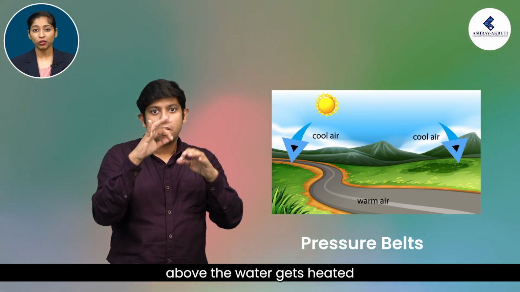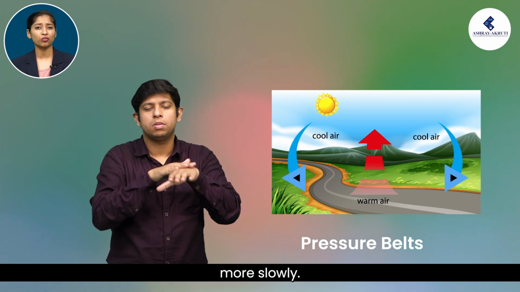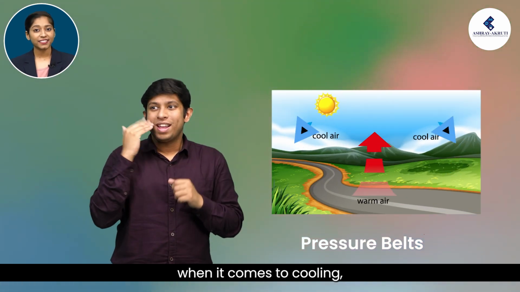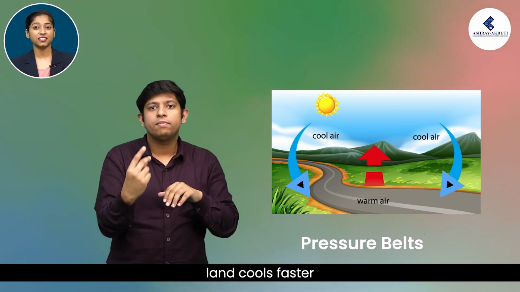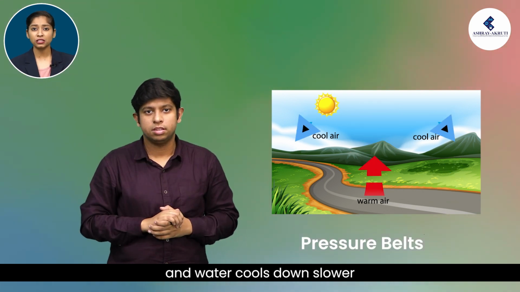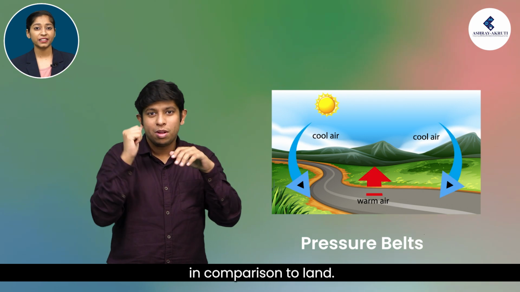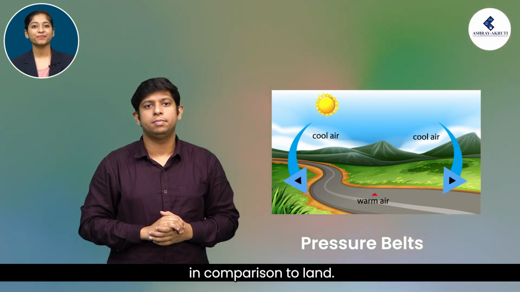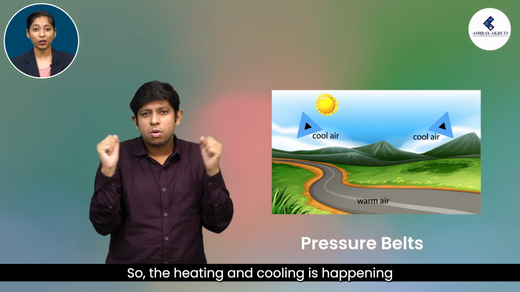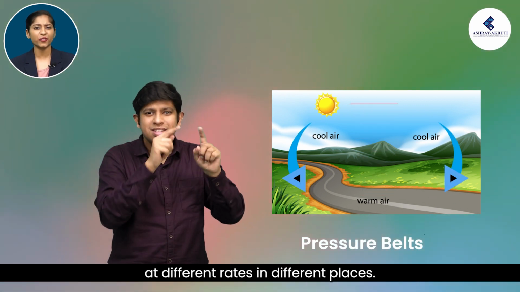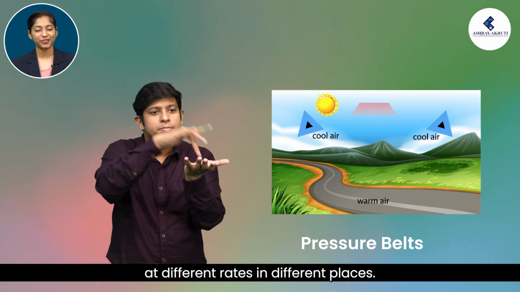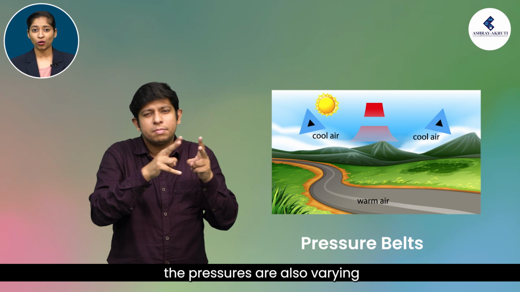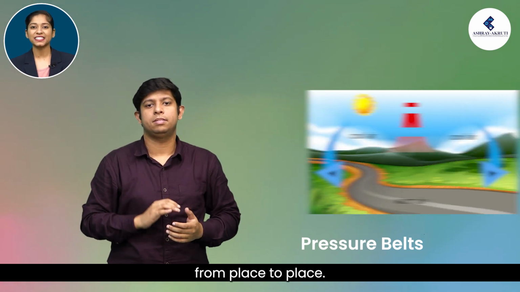So, the air above the water gets heated more slowly. However, when it comes to cooling, land cools faster and water cools down slower in comparison to land. So, the heating and cooling is happening at different rates in different places. Therefore, the pressures are also varying from place to place.